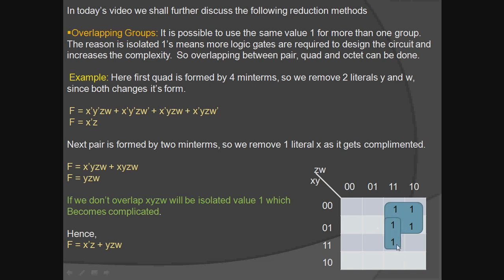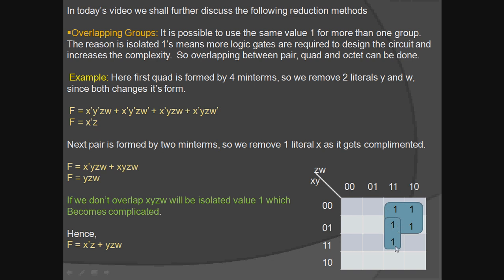It cannot be these three, because to form a quad you need 4, to form a pair you need 2, and to form an octet you need 8. These three ones cannot be paired together because there is no such thing as 3. It has to be either 2, 4, 8, or 6, like that.